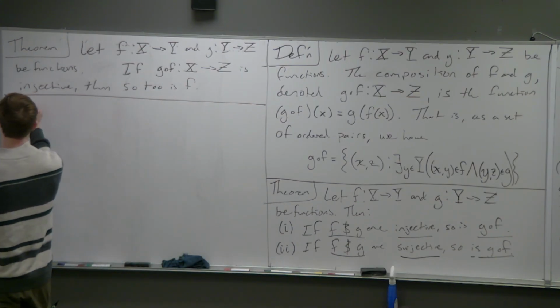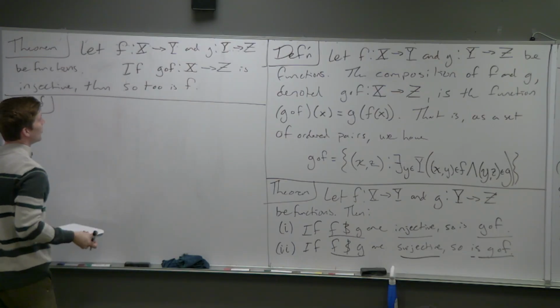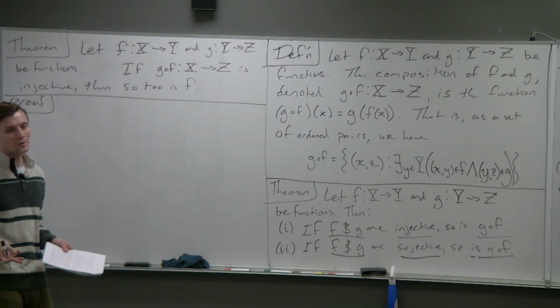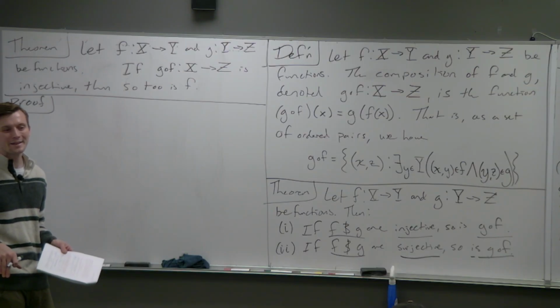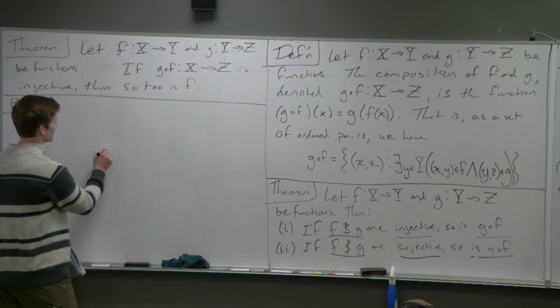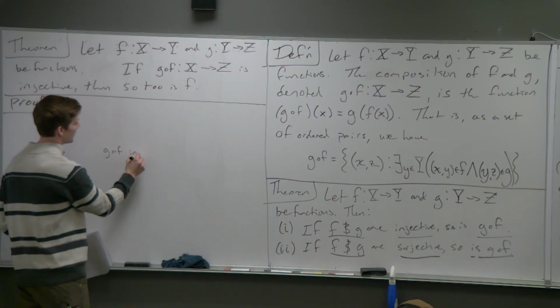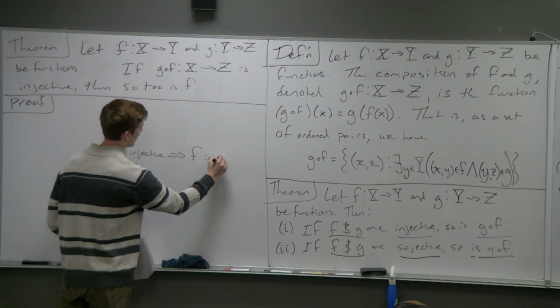Proof. There's a couple of different ways we could prove this. We'll go through by doing, what would you do? Contrapositive. Okay, so you're saying g composed with f injective implies f injective.